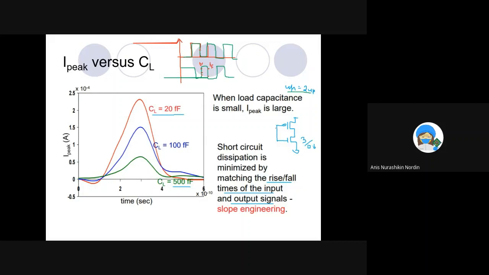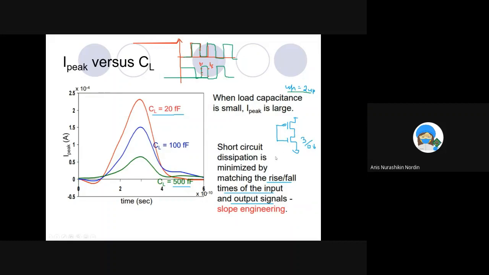So when you want to pull up for the rise time, which transistor is active, PMOS or NMOS? Your rise time, you're going to pull it up to 1. So which transistor is active? PMOS, good.